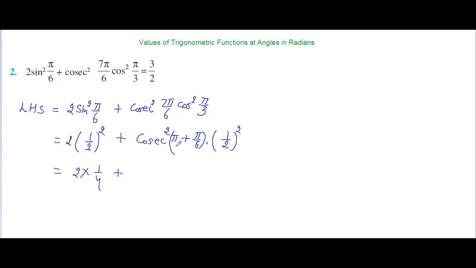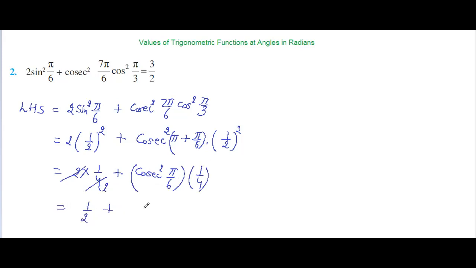Now cosec of 180 plus theta formula is minus cosec theta. But the square will make it again plus. So cosec square pi by 6 multiplied by 1 by 4. This is 1 by 2.